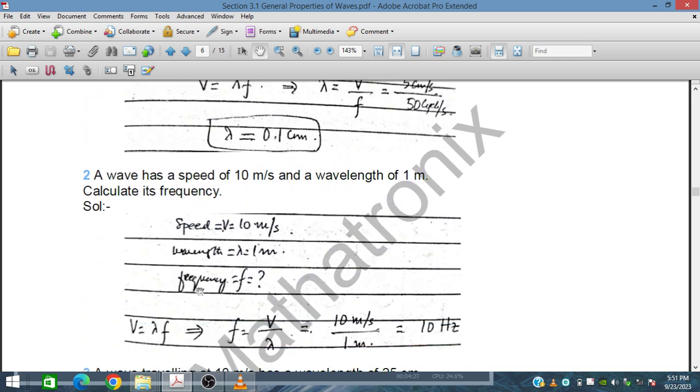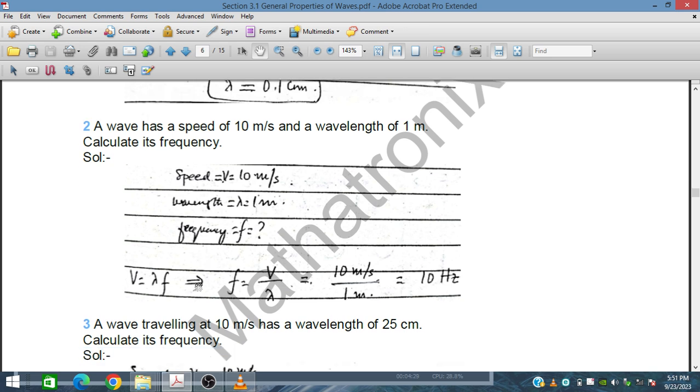And question number 2: a wave has a speed of 10 meters per second, and the wavelength is 1 meter. Calculate its frequency.